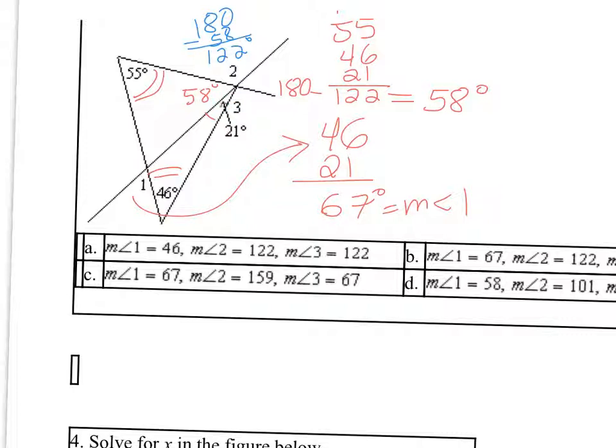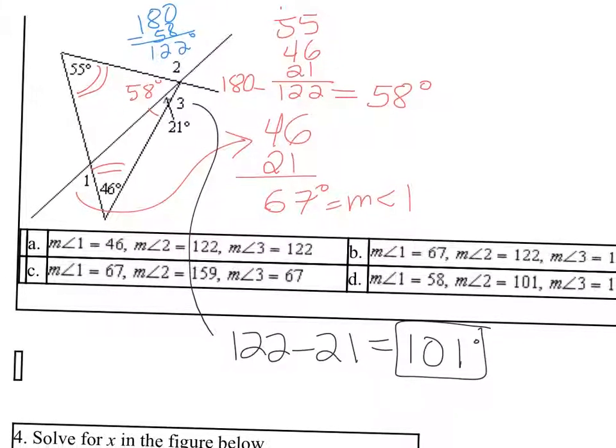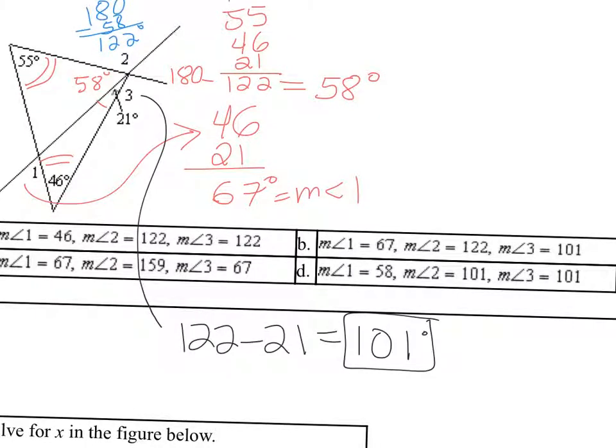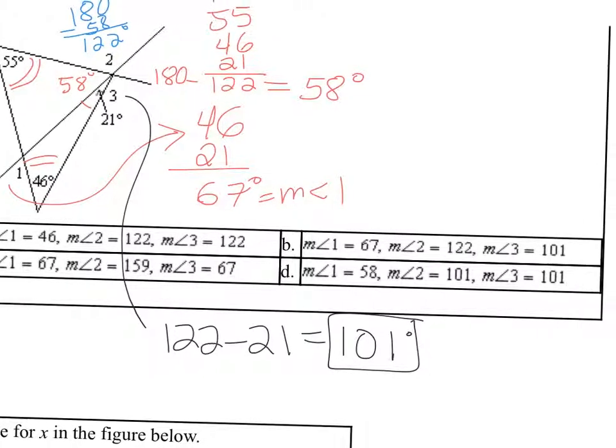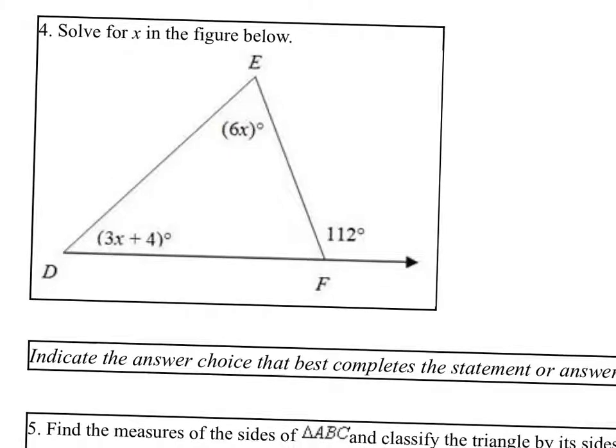So angle 3 is 122 minus 21, which is 101. So angle 3 is 101, angle 2 is 122, and angle 1 is 67. So it was B. And last problem, number 4.